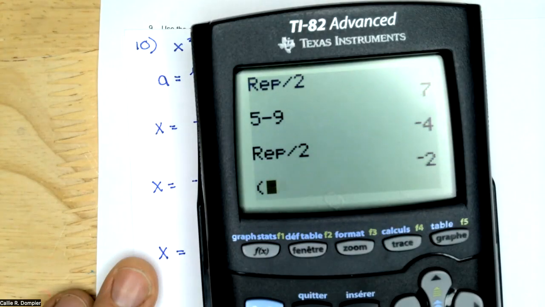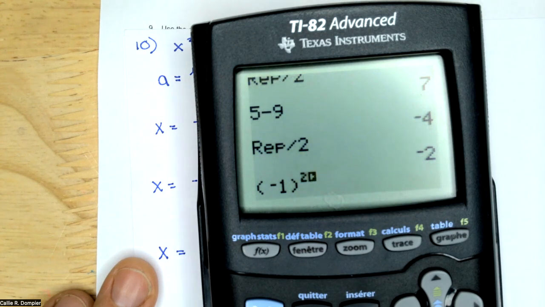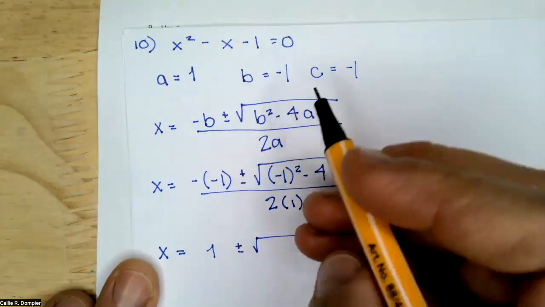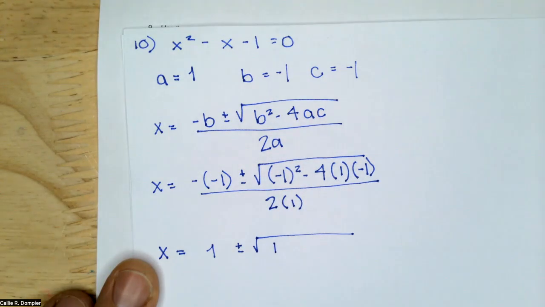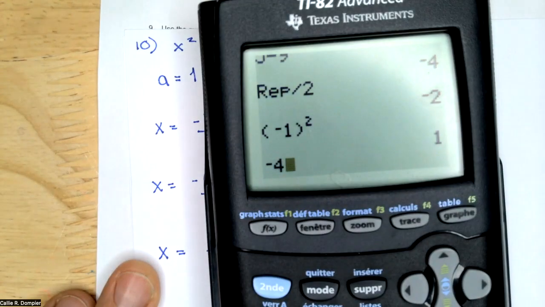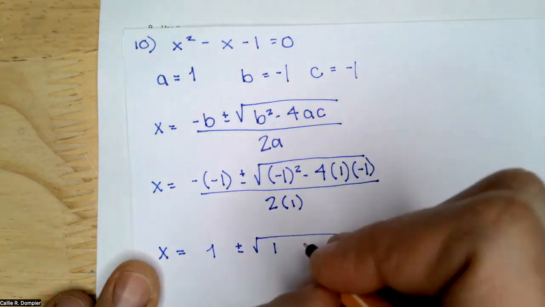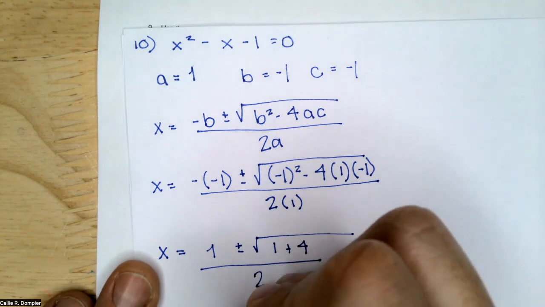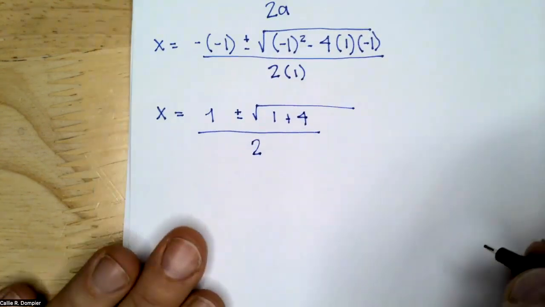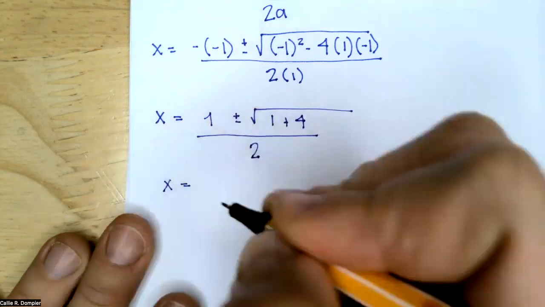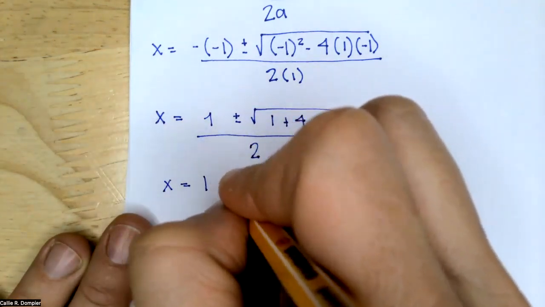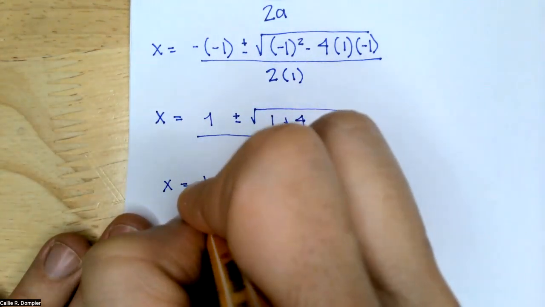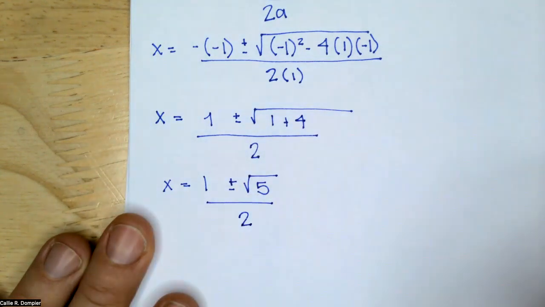You're welcome to put it into your calculator just to make sure. -1 squared is 1. -4 times 1 times -1 is 4. So 1 plus 4 over 2 times 1 is 2. Now I have x equals 1 plus or minus the square root of 5 over 2.